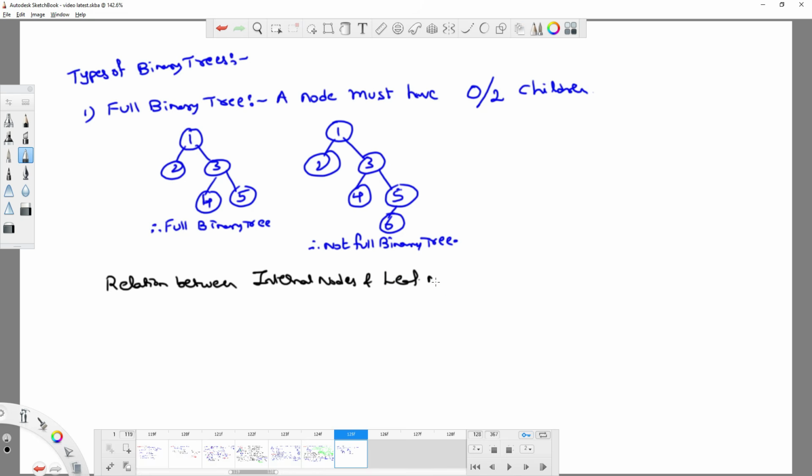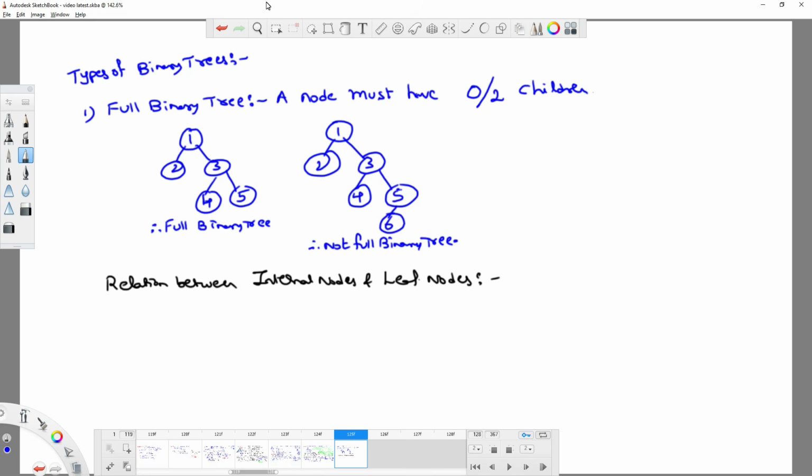What is a leaf node first? A node which has zero children, we call it a leaf node. Other than the leaf nodes, we call it internal nodes, right?